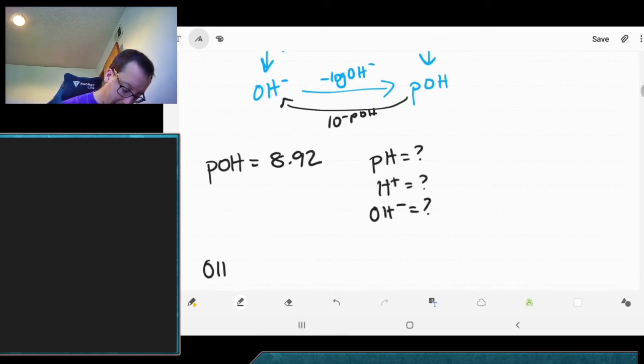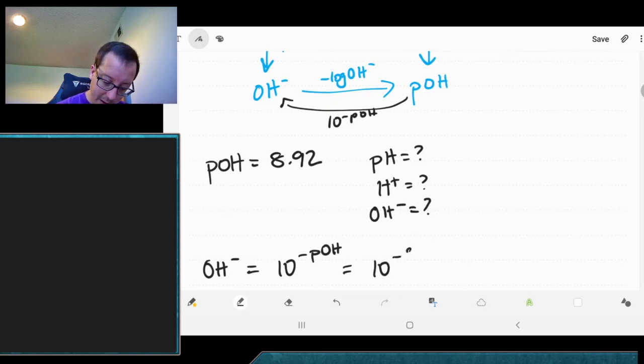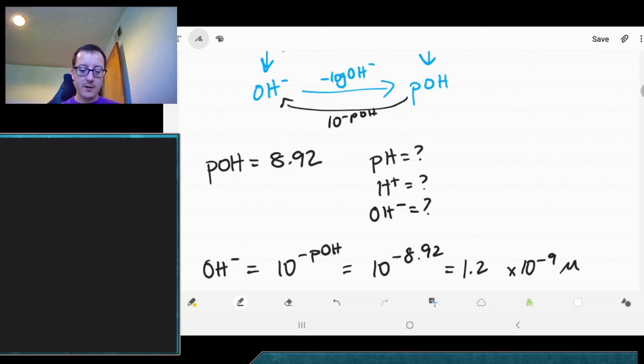So OH minus should equal 10 to the negative pOH, which will be 10 to the negative 8.92. Calculation time. 10 to the negative 8.92 gives us 1.2. How many sig figs? Looks like we have 2 sig figs, so that's enough. And we're given our concentration there.